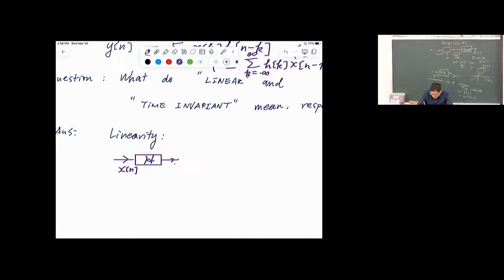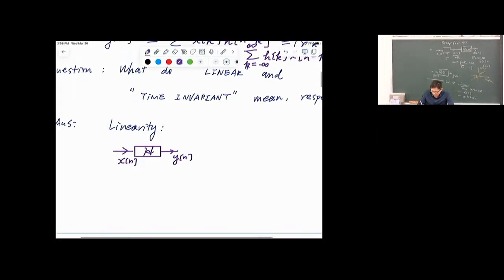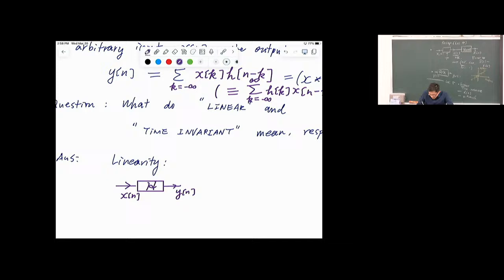And again, if the output is called y, then linearity means that if for this input the system produces this output, and for another input the system produces a corresponding output, so if x1 produces y1 and x2 produces y2, then linearity means what?